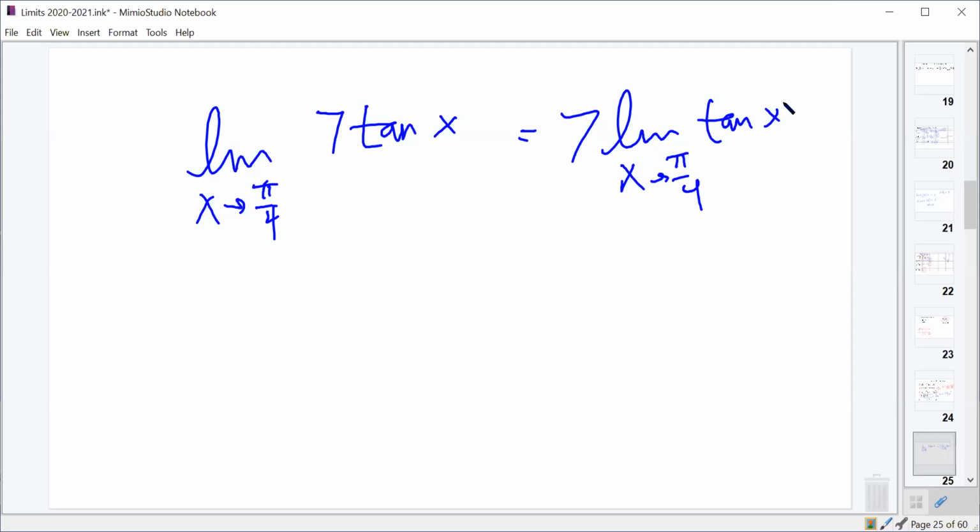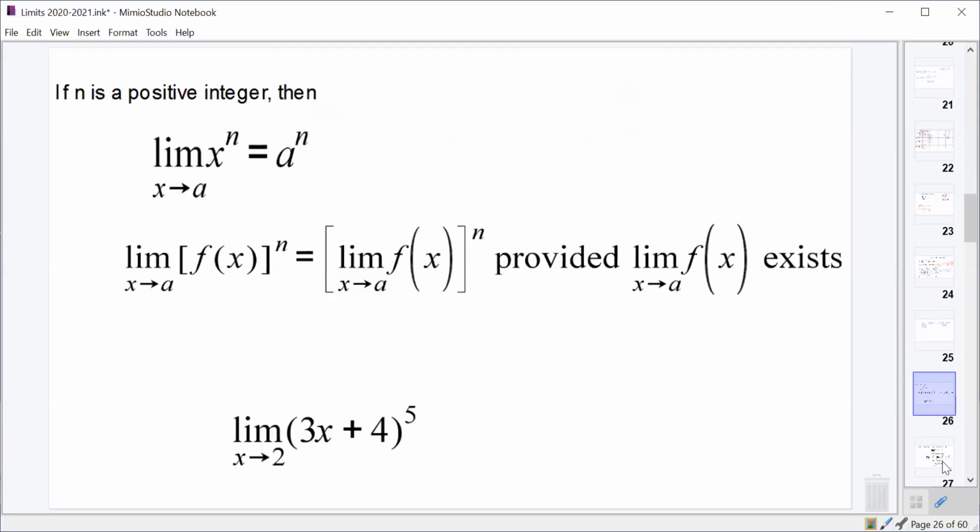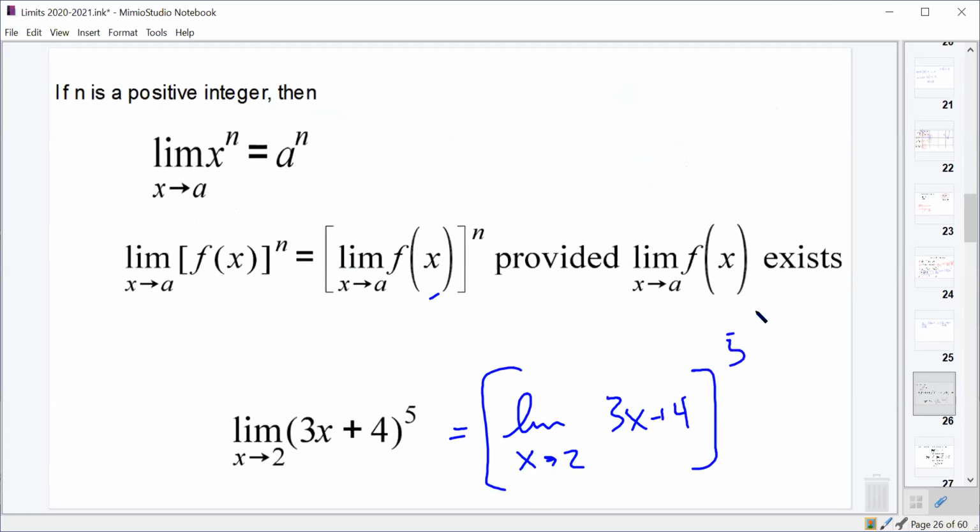on top of that, we've got some other rules here with exponents and radicals and all of that. If I have a limit of a function being raised to a power, I can find the limit of just the function first and then raise it to the power afterwards. So this is a simple example of that. I could rewrite this as the limit as x approaches 2 of 3x plus 4, and then raise that answer to the 5th power, and it is the same as what I would have gotten had I done the whole thing initially.